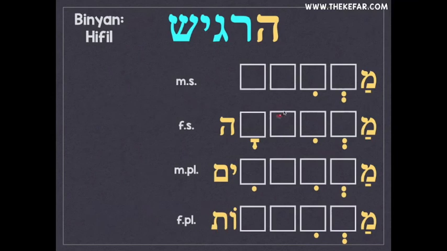Okay, so our infinitive to feel was lehargish. Instead of that hargish, you're replacing the har or the ha with ma. Okay, so that is all you need to know for the conjugation pattern. So for example, for masculine singular, margish. Okay, instead of lehargish, we have margish.